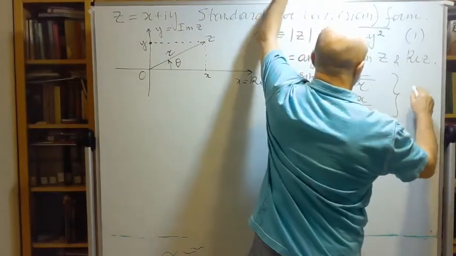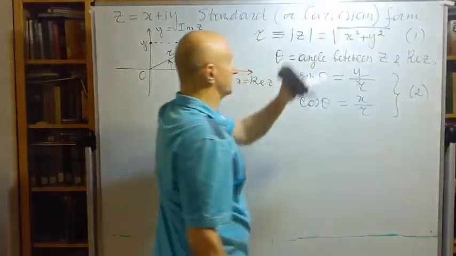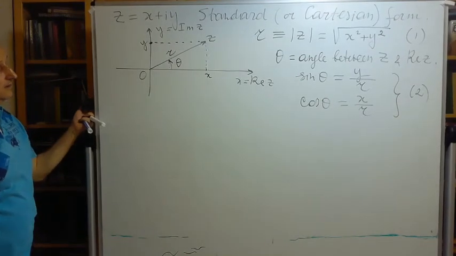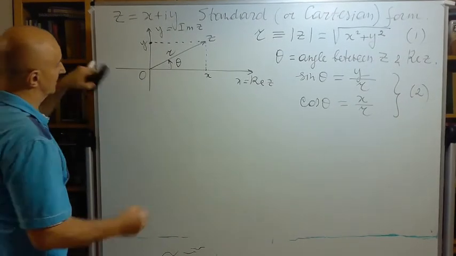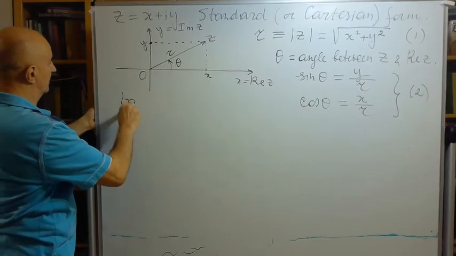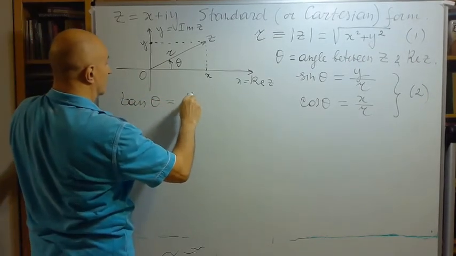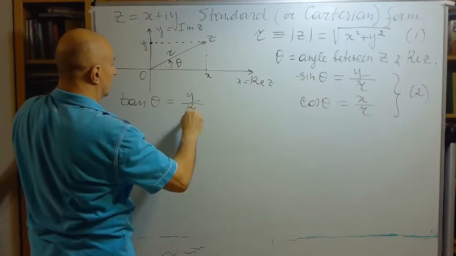So this is formula number 2. We realize that tangent theta is, of course, y over x.